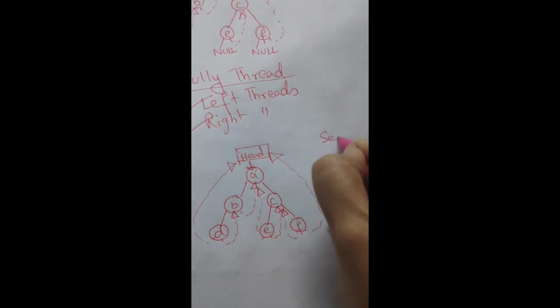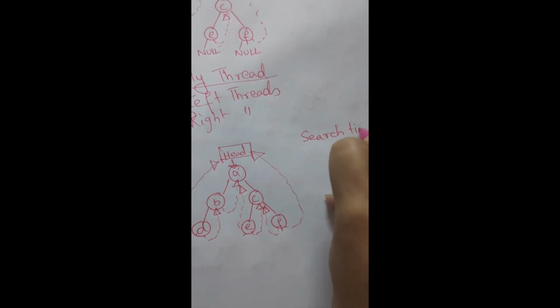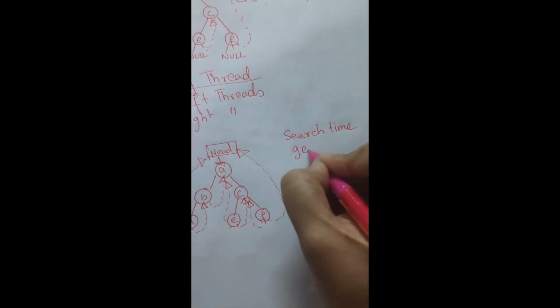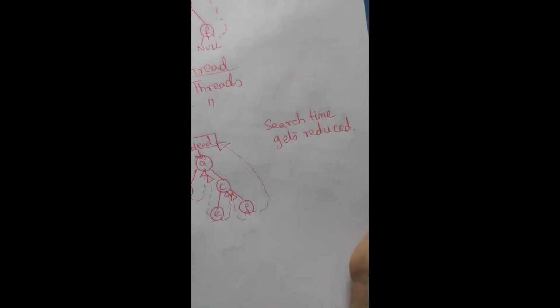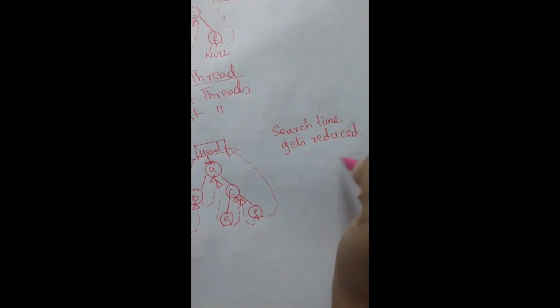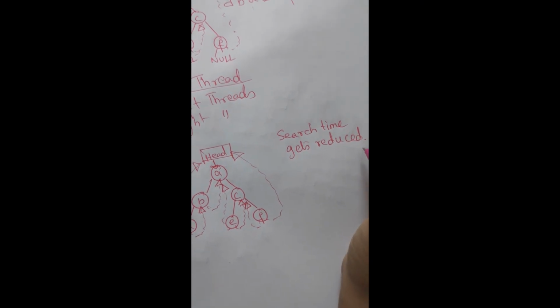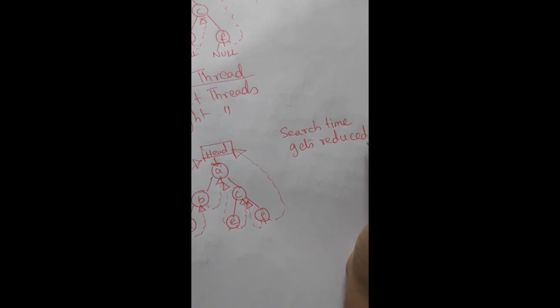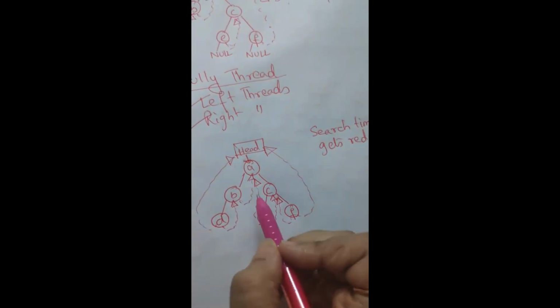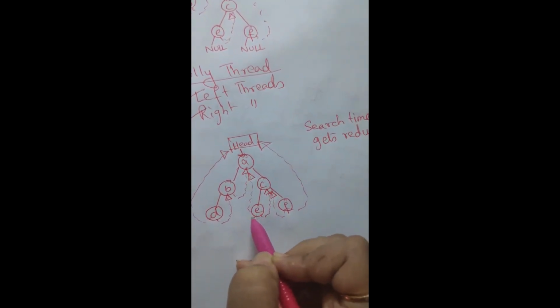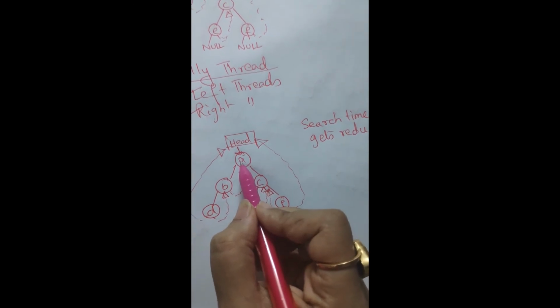How does the search time get reduced? The search time gets reduced because you do not have to backtrack to the in-order successors or in-order predecessors. You can directly go. You see, if we are at E, we can directly go back to A from E.